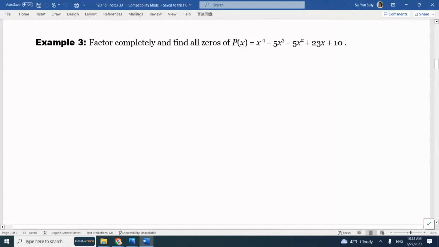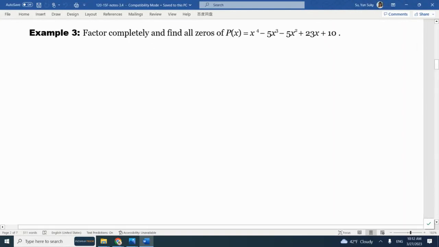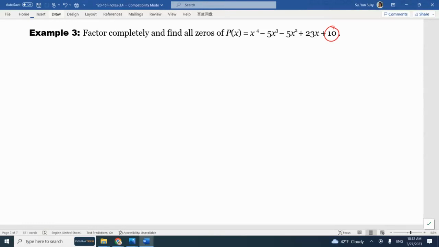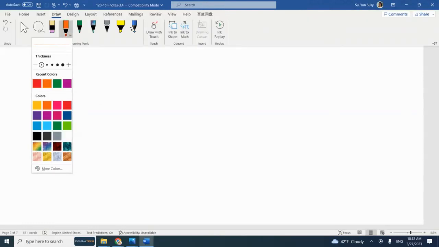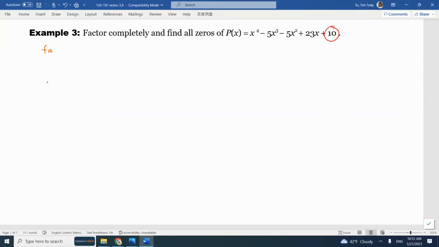Example 3. All right, this worksheet is the same as last Friday's. Let's start with the constant term. We list the factors of the constant term, which is 10.